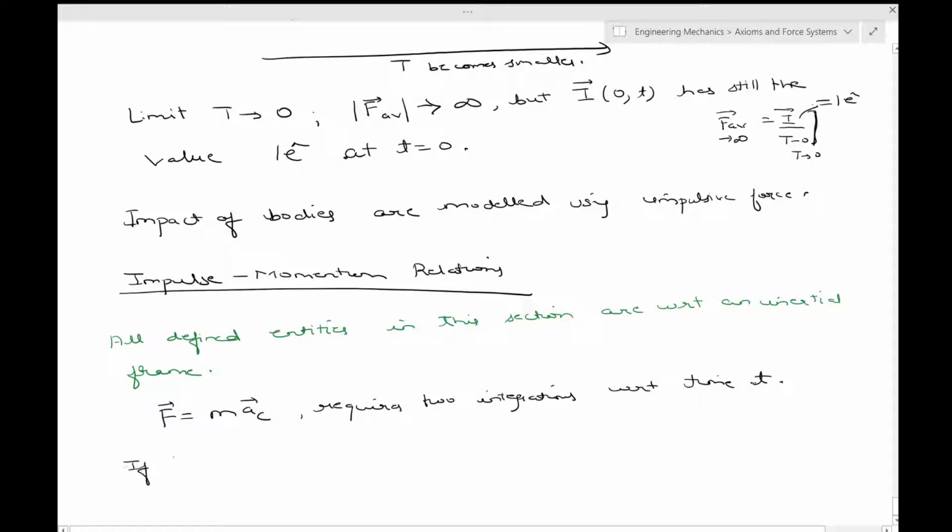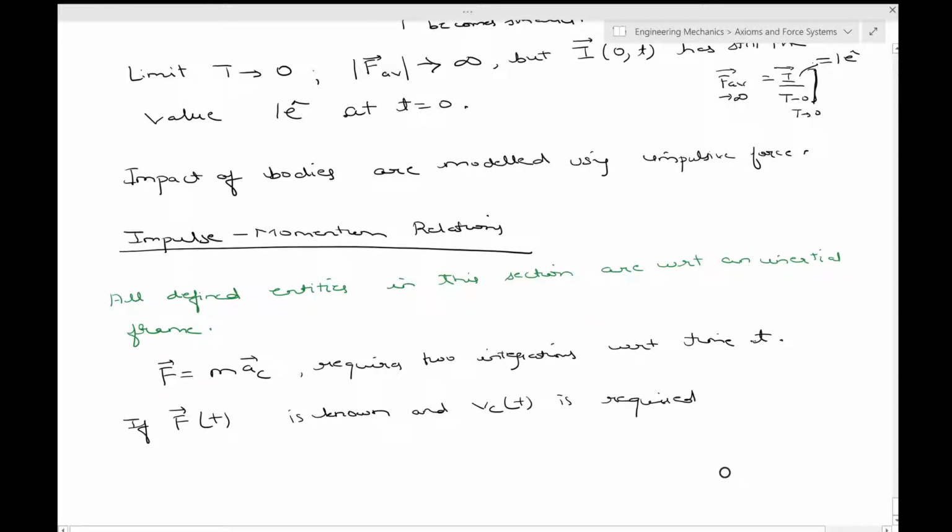Now if F of t is known and Vc of t is required, sorry, if the velocity of the center of mass is required, then you would require an integration of F equal to MAC.